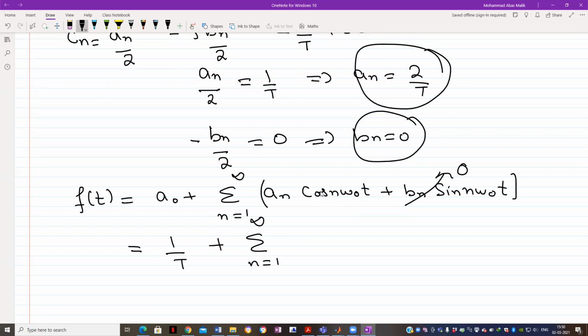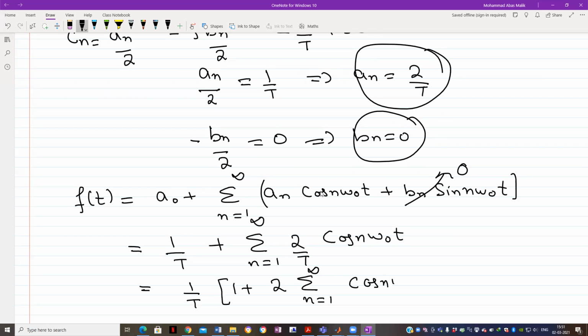So you get an is 2 by T, 2 by T cos of n omega naught t. You can write this like 1 by T, 1 plus 2 summation of n from 1 to infinity cos of n omega naught t. So this is your trigonometric Fourier series.